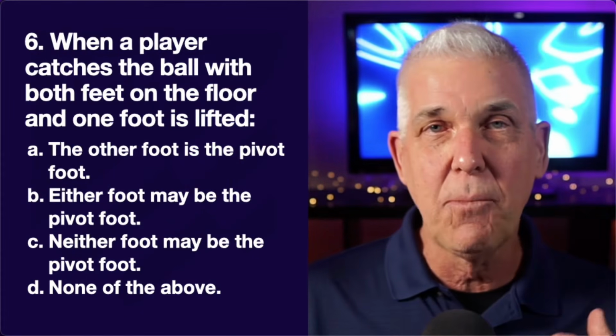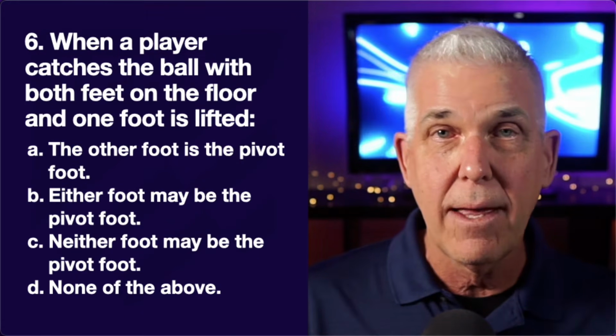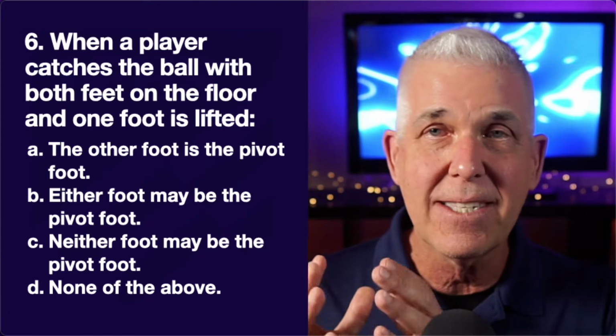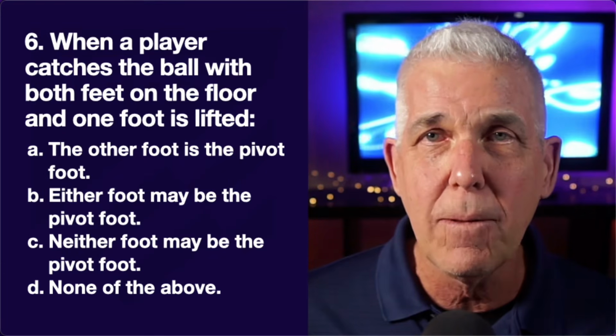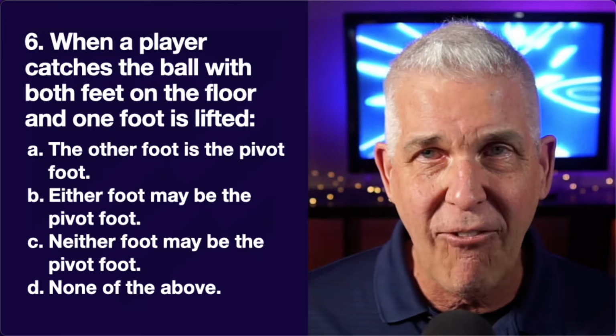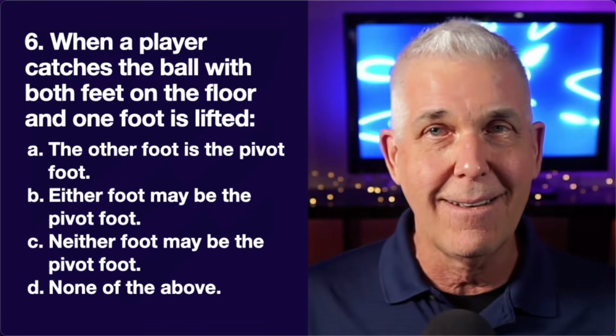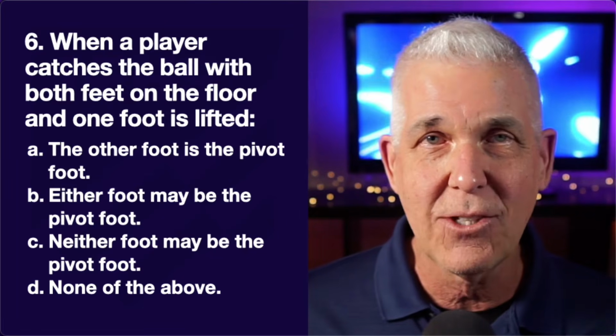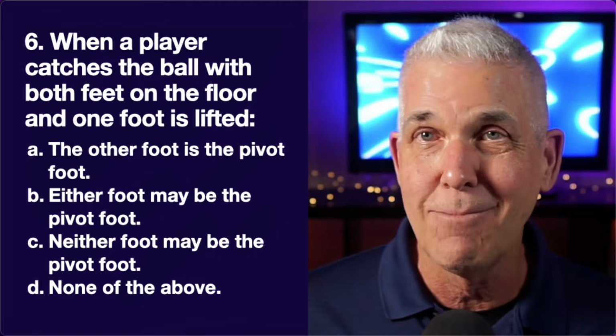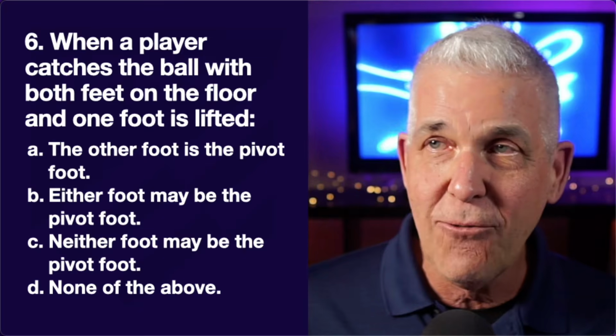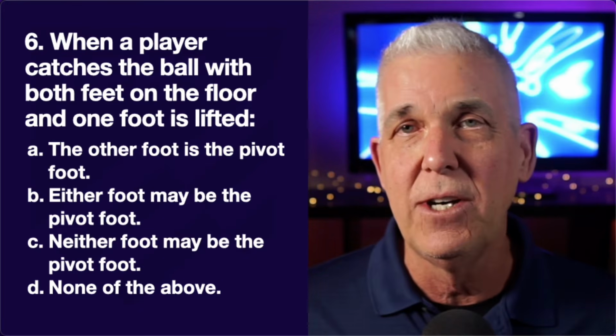Okay, when a player catches the ball with both feet on the floor and then one foot is lifted, we have established which of their feet will be the pivot foot if a pivot occurs. So that's going to bring into question what the correct answer here is. The other foot is the pivot foot.